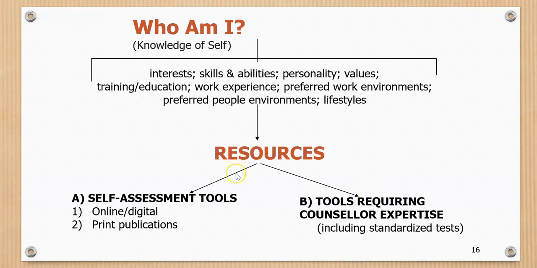There are just a whole list of them out there that you could explore. The Myers-Briggs Type Indicator is another. A lot of those tools should be accompanied by counselor interpretation and counselor expertise. We do not want clients to go out there and try these tools and not really understand what the results mean for them. Then they may misinterpret some of that information and not use it correctly.